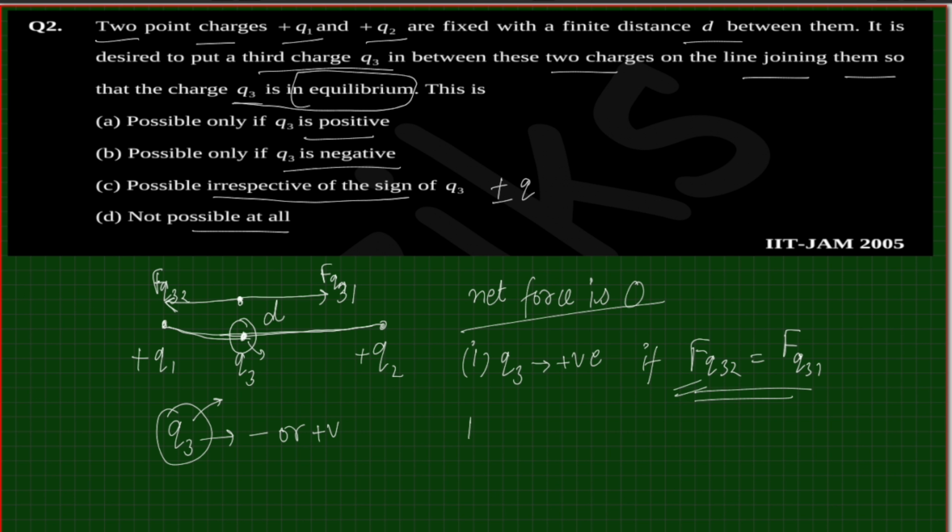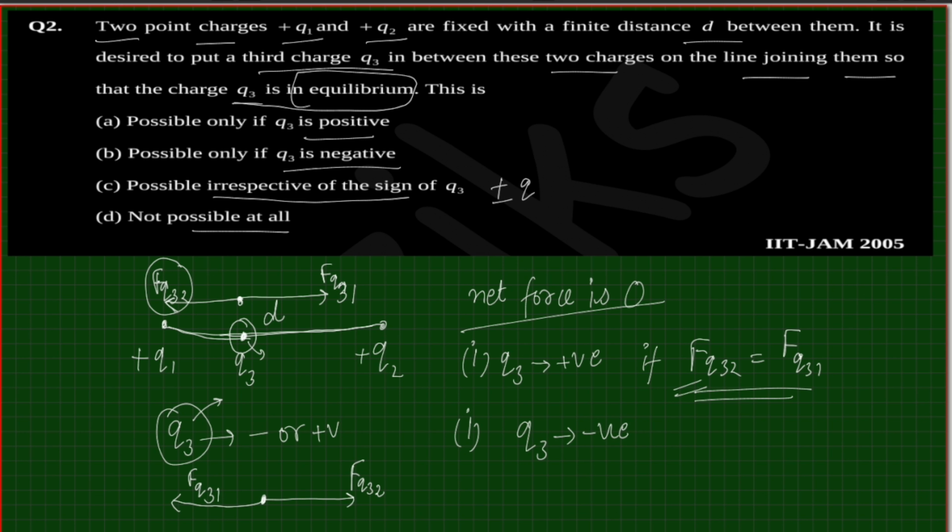And the second case is Q3 is negative. If it is negative, the direction of these forces will be interchanged. So let's say this is Q3. If this is negative, it will be attracted toward Q2, and the Q3 charge will be attracted towards Q1 as well.